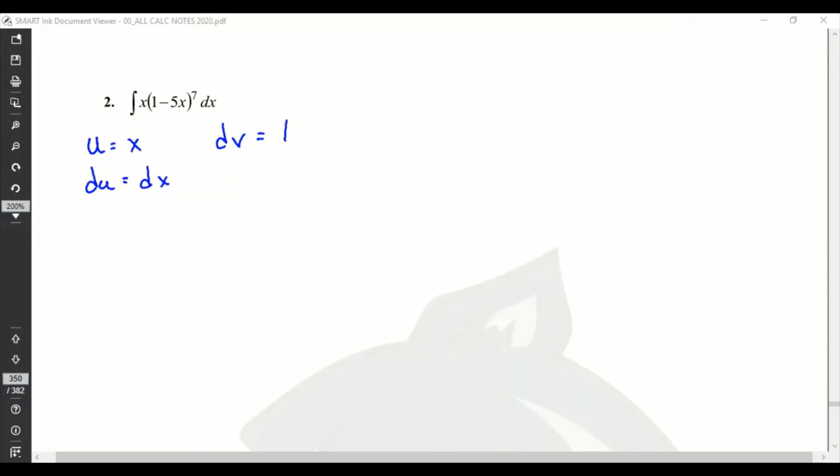It'll be the 1 minus 5x to the 7 dx. If I anti-differentiate that, v is going to be equal to 1 minus 5x. Add 1 to the exponent, and we divide by that. And we're also going to divide by the derivative of the inside part, which is negative 5.